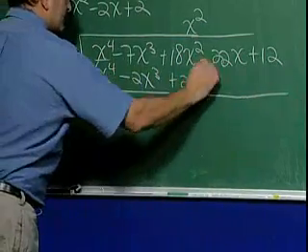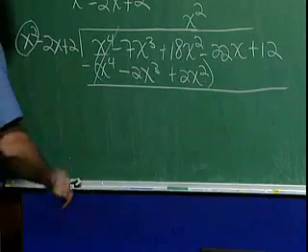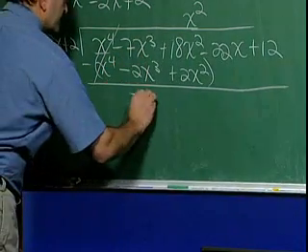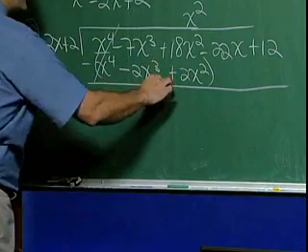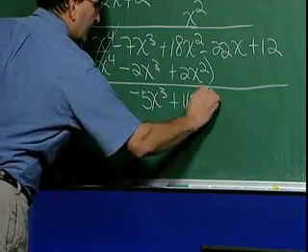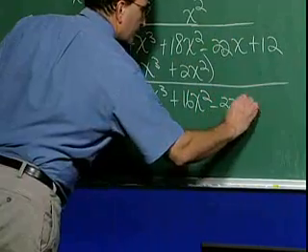We subtract this off, and of course the x to the fourths cancel. This is negative 7 plus 2x, so that's negative 5x cubed. This is 18 minus 2 for 16x squared. Let me bring down the negative 22x.